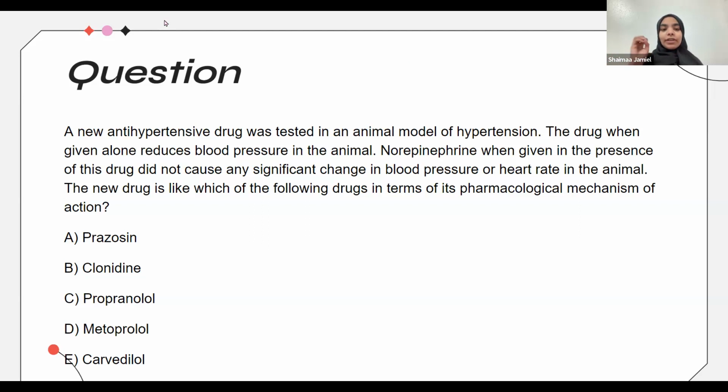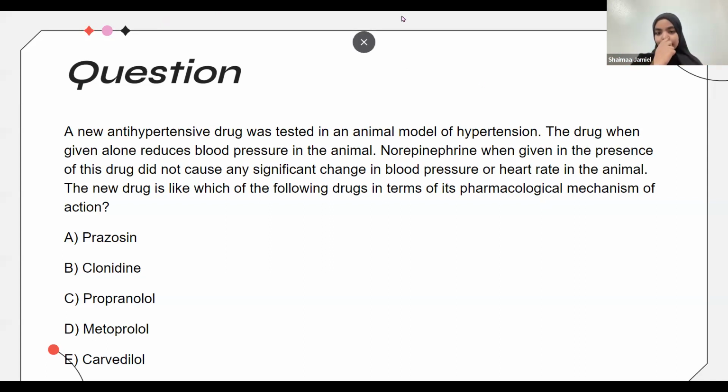Why? Because norepinephrine has a very strong affinity to alpha-1. When you block alpha-1 and cause vasodilation, like we said for example with phentolamine, it's going to cause reflex tachycardia. Okay, so in this animal, even though you gave an agent, and now you gave norepinephrine, which is a drug that's going to significantly affect the blood pressure, but it can also cause tachy too.